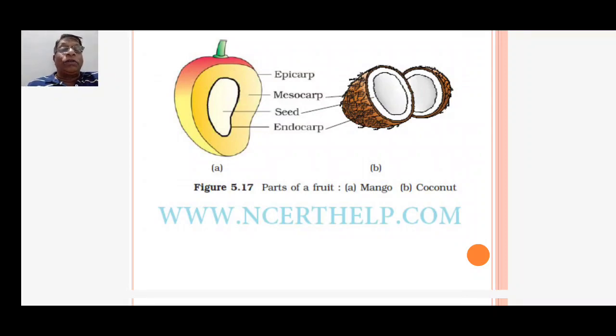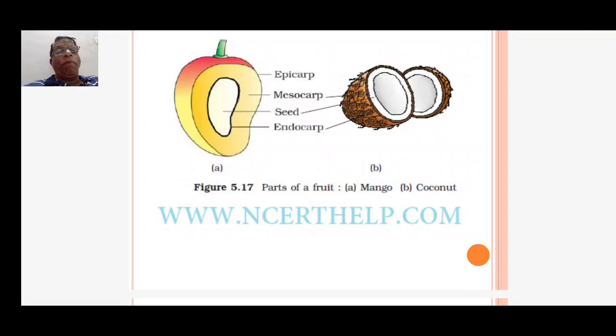In case of mango, you can see the wall of the fruit is distinguished into epicarp, middle mesocarp, and inner endocarp. Inside the endocarp, you can see the seed.